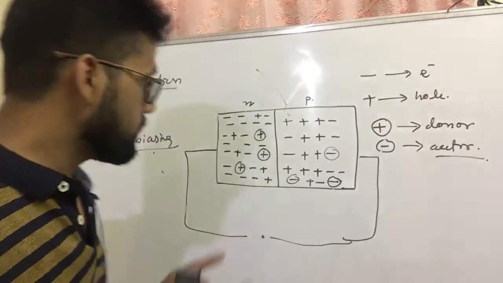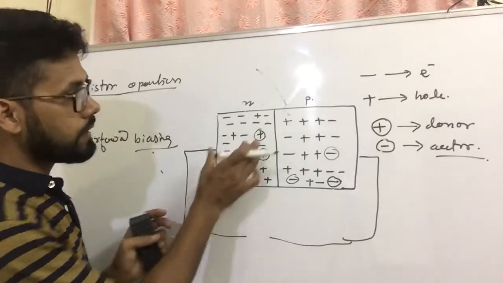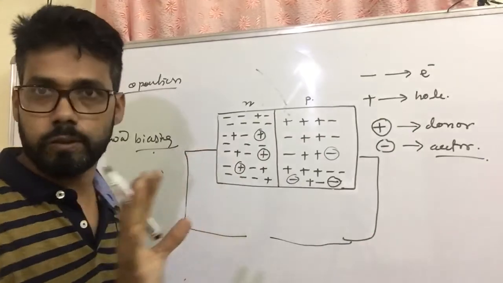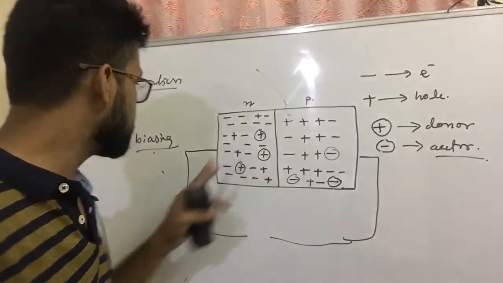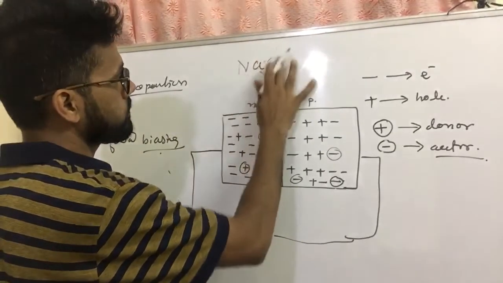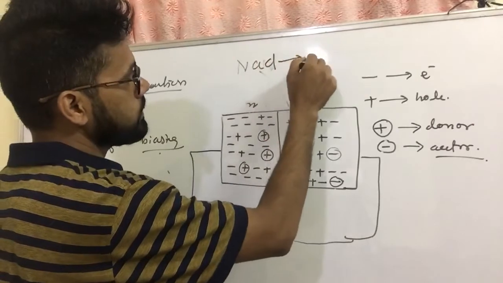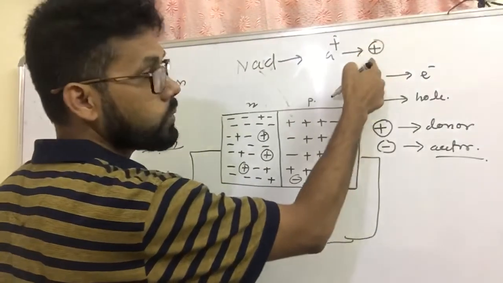Clear? Now, why this forward bias? See, this side has a maximum number of carriers. Forget about ions right now. Ions are immovable and heavy. See sodium chloride: sodium positive represents a positive circle, the donor.